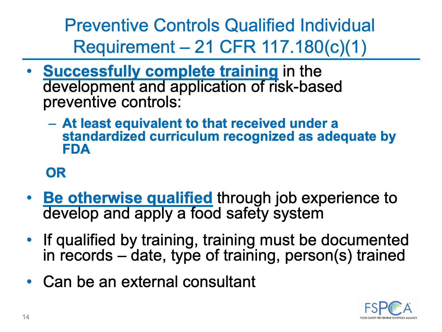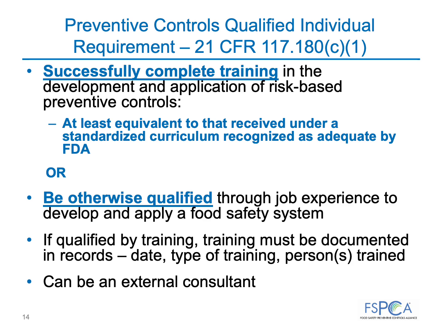If qualified by training, the training must be documented in records, including the date of the training, type of training, and the persons trained. The preventive controls qualified individual may be, but is not required to be, an employee of the facility.